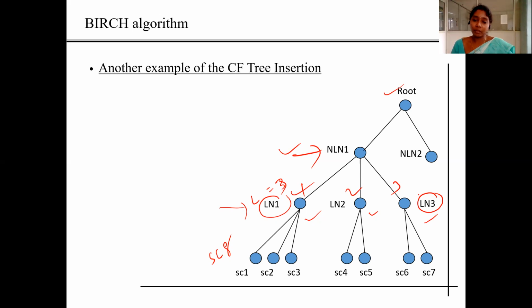That means, is there any need to split the node, split the leaf node, or split the non-leaf node? If subcluster 8 is appended to leaf node 3, is there any need to extend the tree?